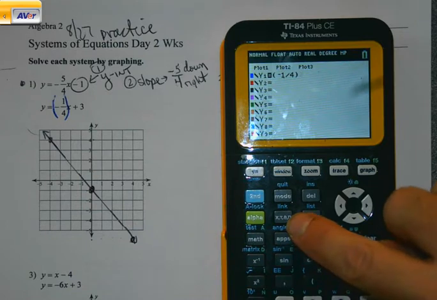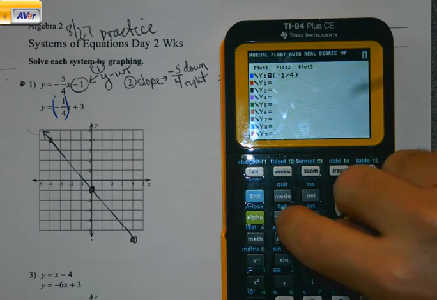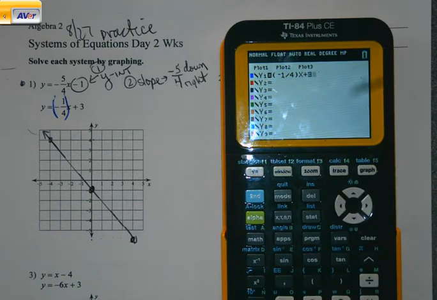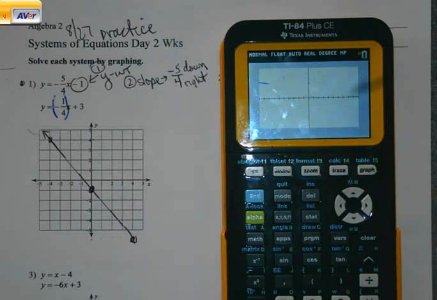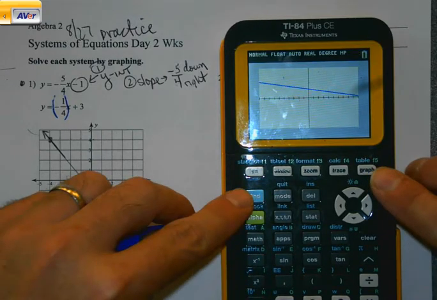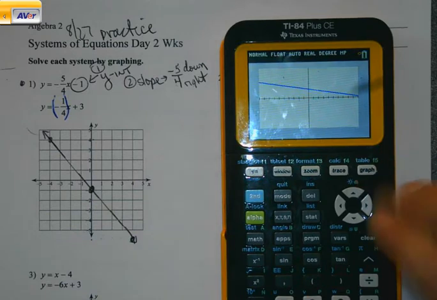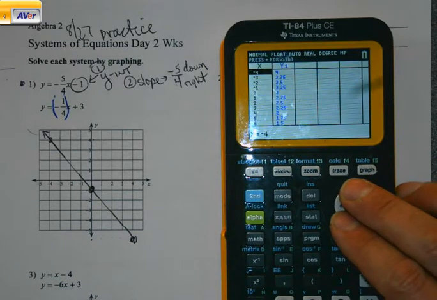My x is the button up here next to alpha. And then I can put the +3. Always want to check your signs, because if we get the wrong signs in, that kind of makes a mess. And so, if I want to see what that will look like, I can kind of get a picture here. But here's what I want to check for. I'm going to hit second graph, because that's going to help me get some points.